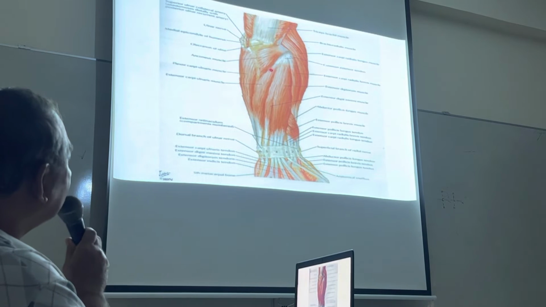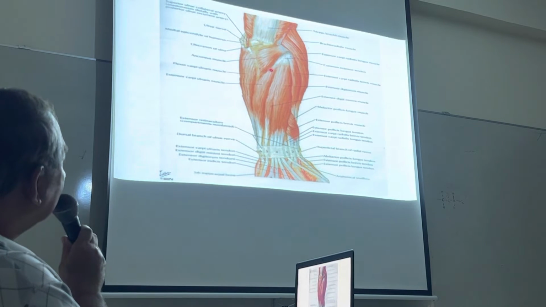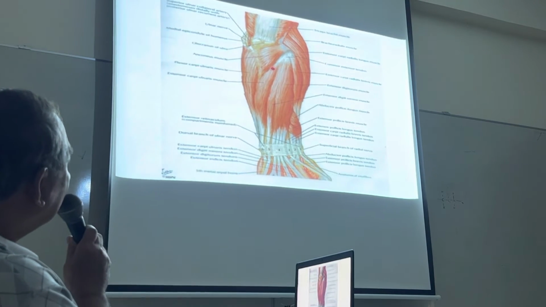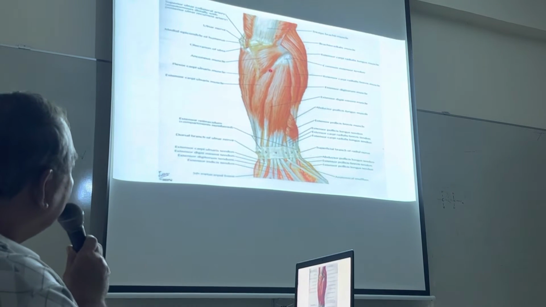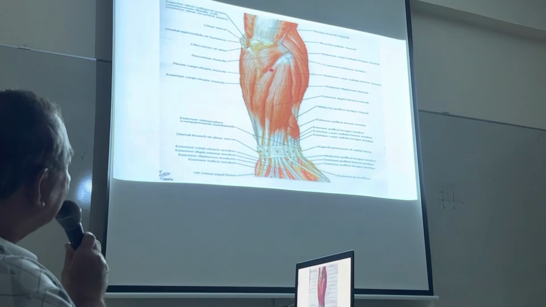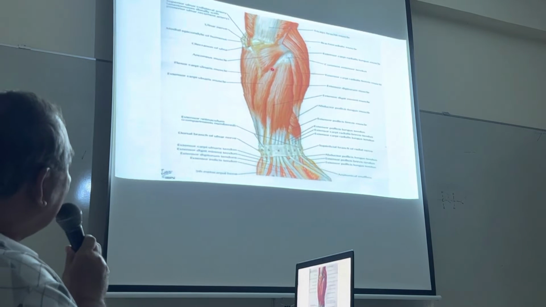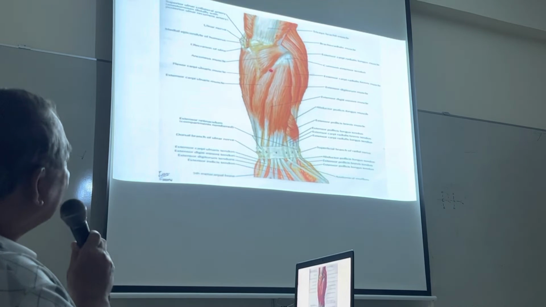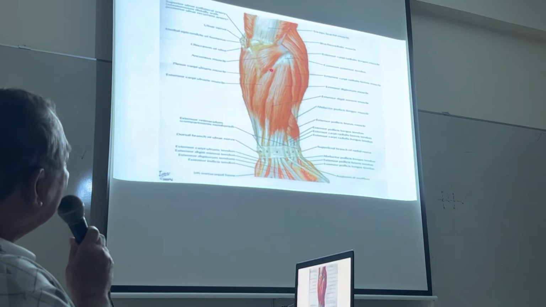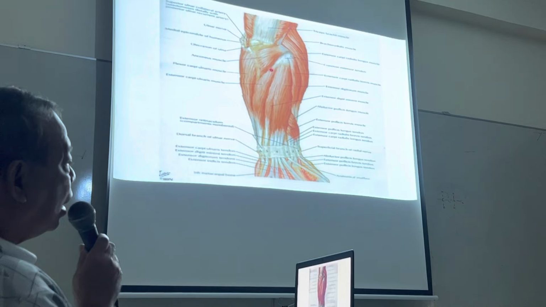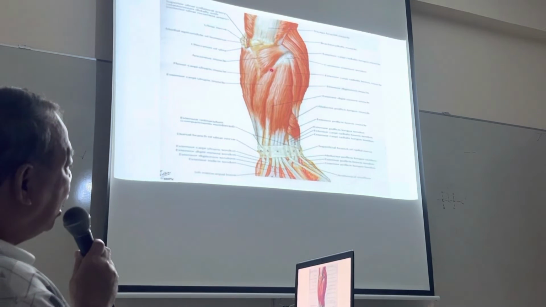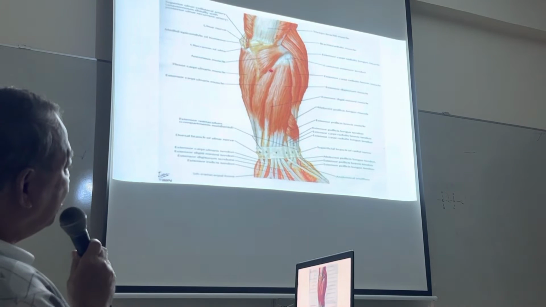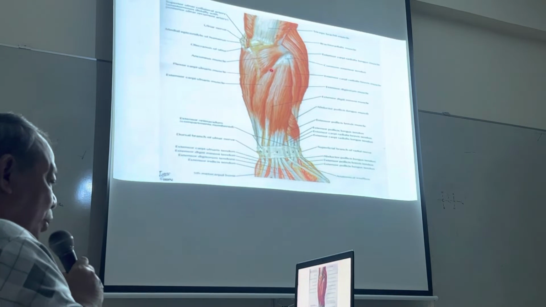The extensor carpi radialis brevis is part of the muscles in the posterior compartment, and the extensor carpi radialis longus is part of the lateral compartment. Understand? The longus is part of the lateral, the brevis is part of the posterior compartment.